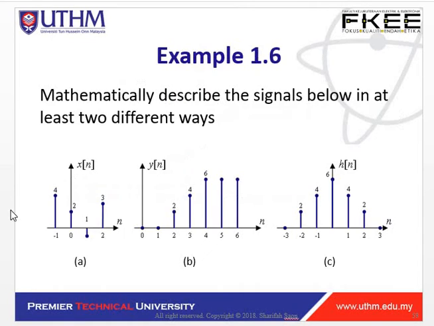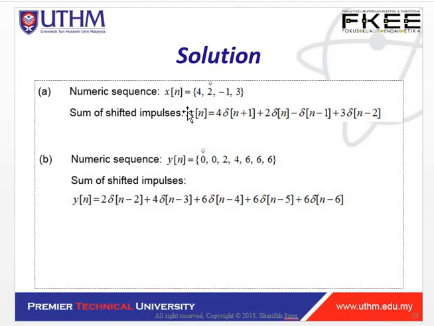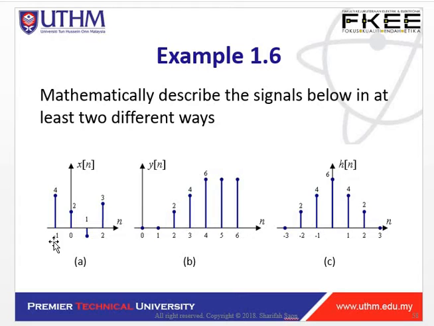Where is the origin? If you check here, the origin is at n equal to 0. You have 2, so the marker is at 2. And then the sum of the shifted impulse. You can write it this way: 4 delta n plus 1. Why n plus 1? Because of the location. N plus 1 equal to 0 means n equal to negative 1, where the value is 4.